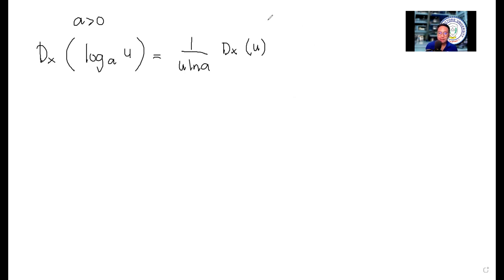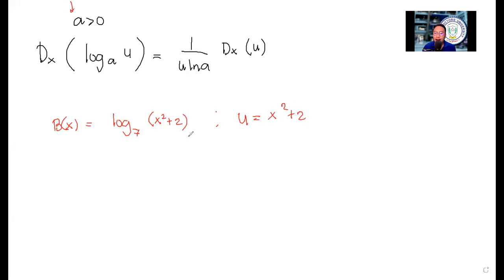So let's have an example. f of x equals log of a, x squared plus 2. So our u here, guys, is very clear: x squared plus 2. Sorry, let me change a to a different number to make it clearer. Let's say this is 7, which satisfies the condition because 7 is greater than 0.